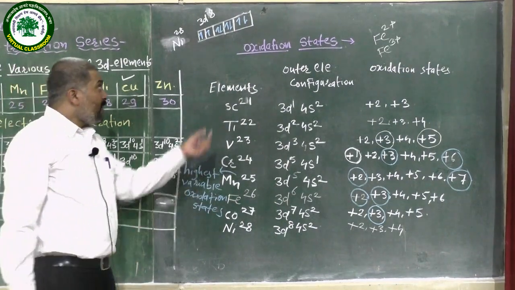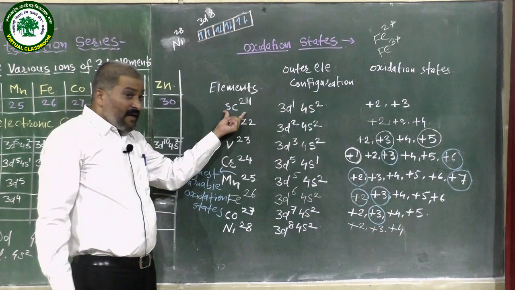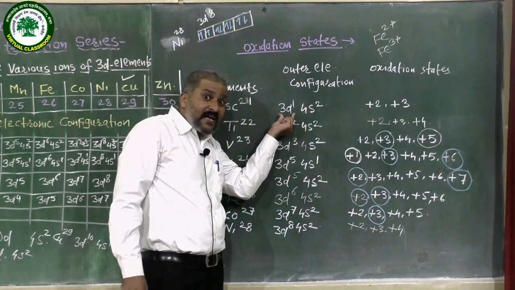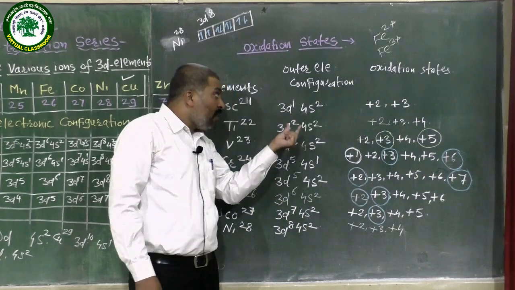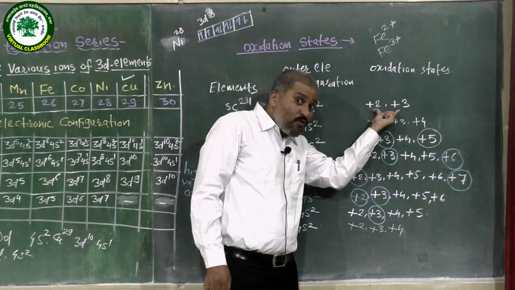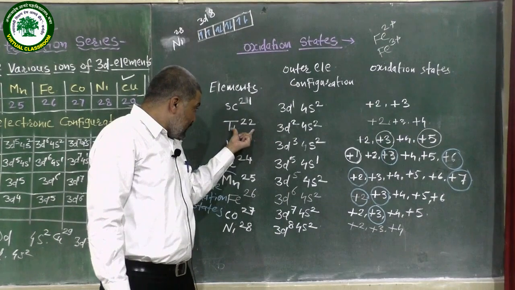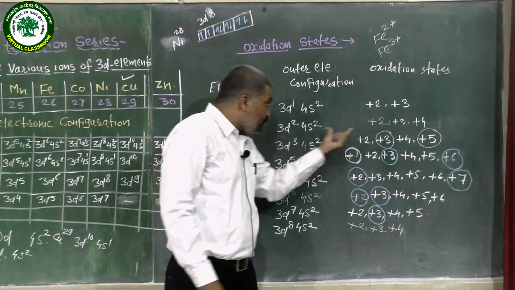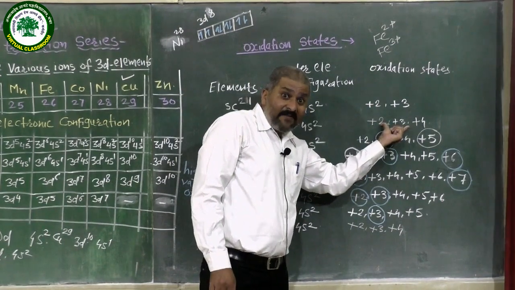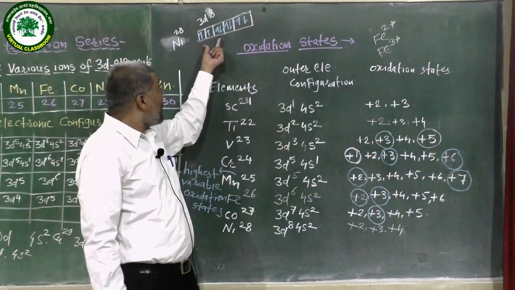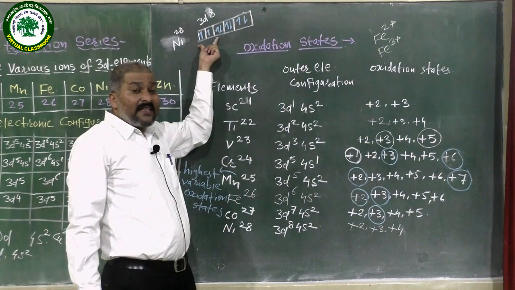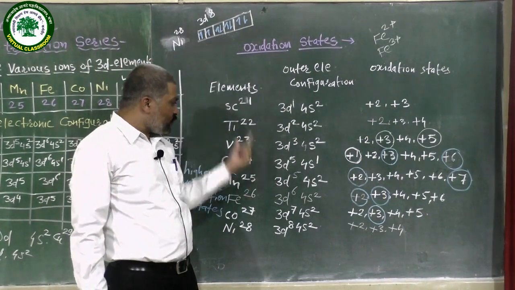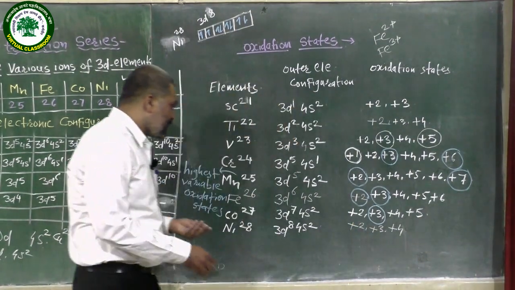We know that in the case of scandium, only one unpaired electron is there, and because of that it shows 2 variable oxidation states. Similarly in titanium, there are 2 unpaired electrons, and because of that it shows 3 variable oxidation states. Likewise in nickel, there are 2 unpaired electrons, and because of that it shows 3 variable oxidation states.